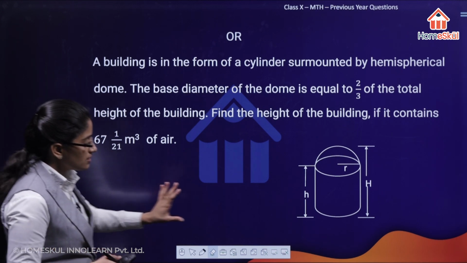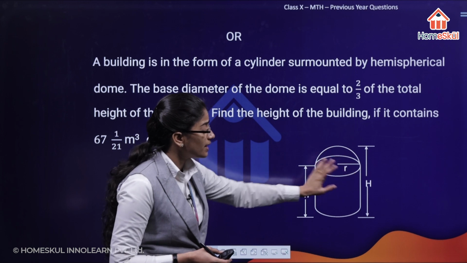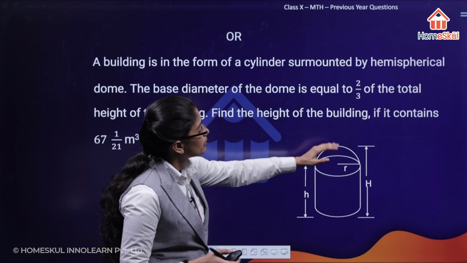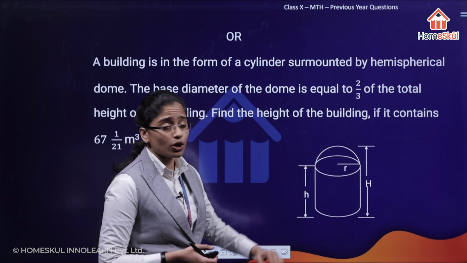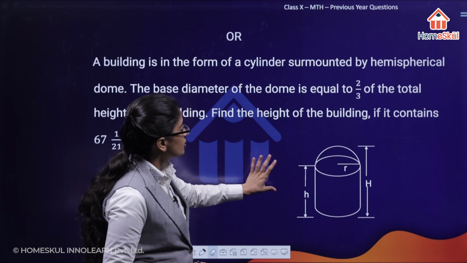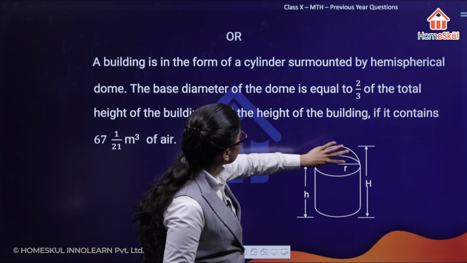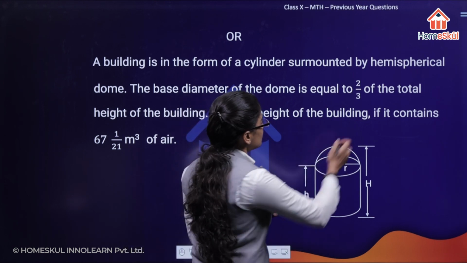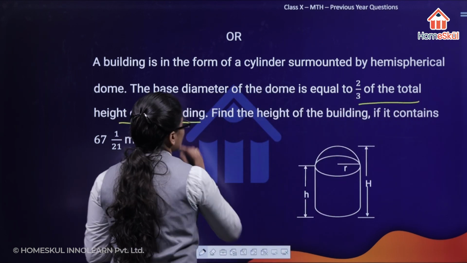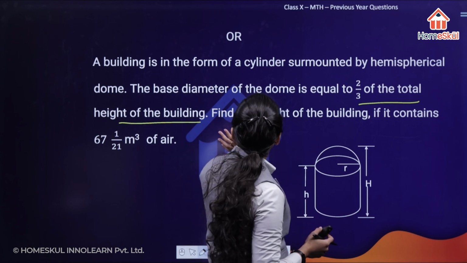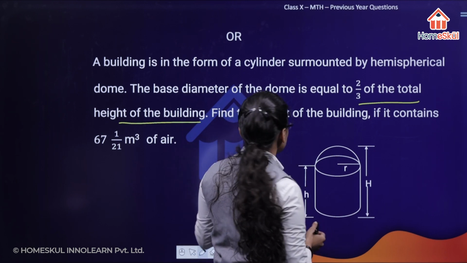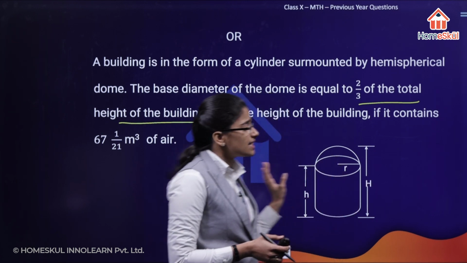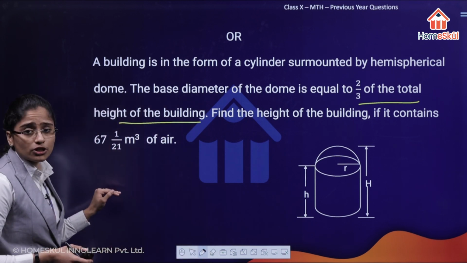Here there is a cylindrical building surmounted by a hemispherical dome over it. The relation given is the diameter of the dome is equal to 2/3 of the height of the building, okay? And find the height of the building if it contains 67 1/21 meter cube of air.